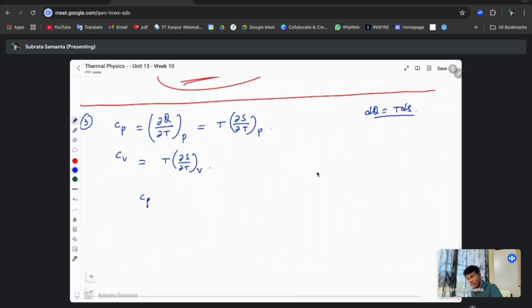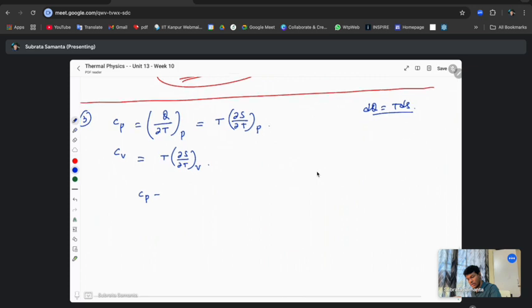So Cp minus Cv is T del S del T at constant pressure minus T del S del T at constant volume.